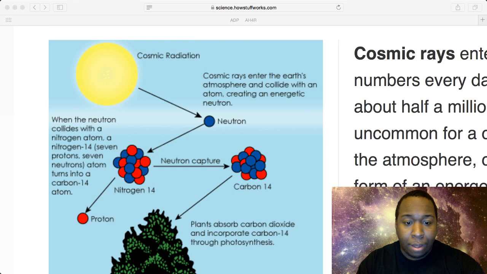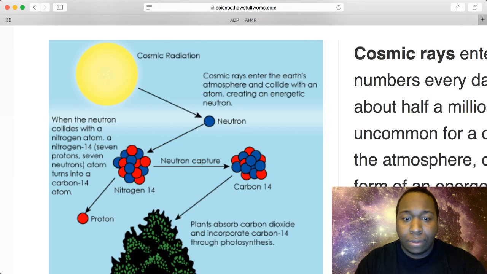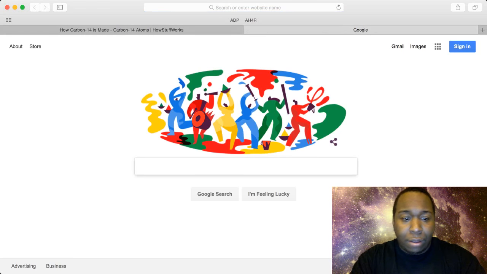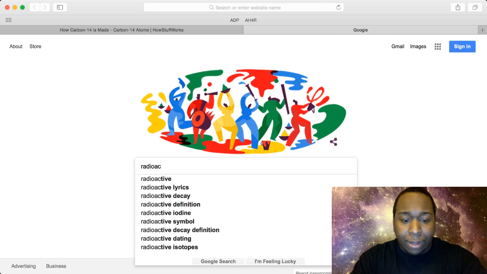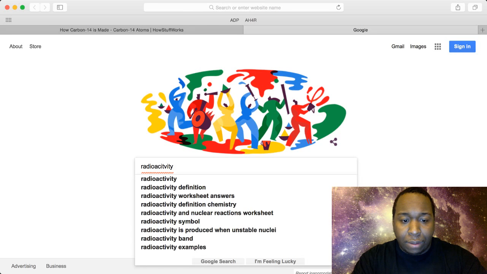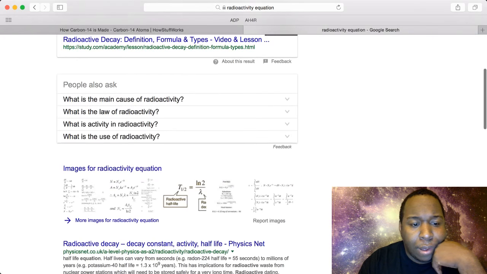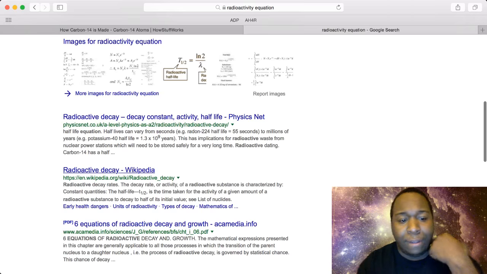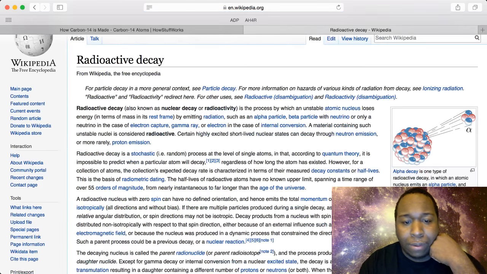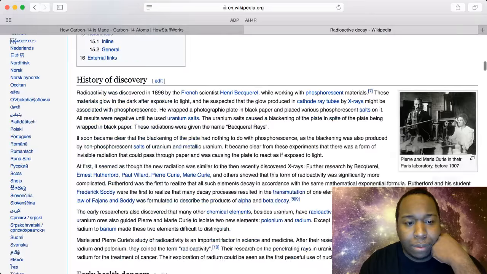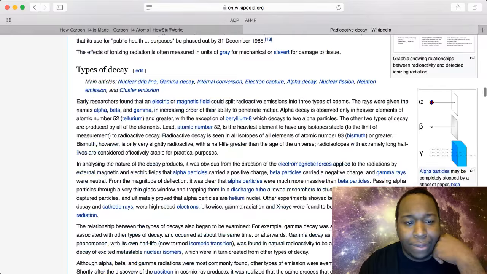So let's go ahead and pull up some equations for radioactivity. So let's see, what do we get? Radioactivity. Did I misspell something? Yes, I did. Equation. I'm wondering if Wiki typically has stuff that's very useful. See what Wiki can give us.